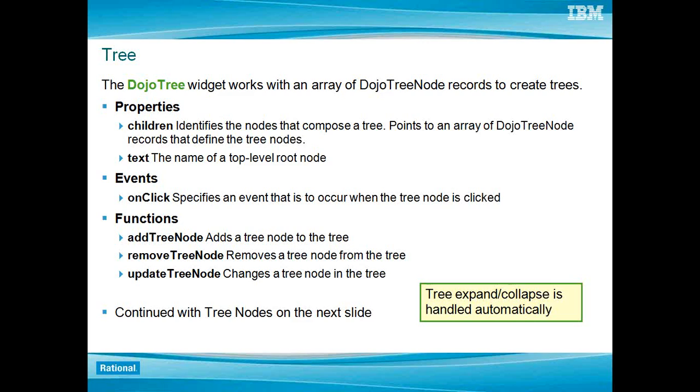And there are a number of events available, like on click, add tree node event, remove tree node event, update tree node event, and some other events, or even tree expand and collapse event.